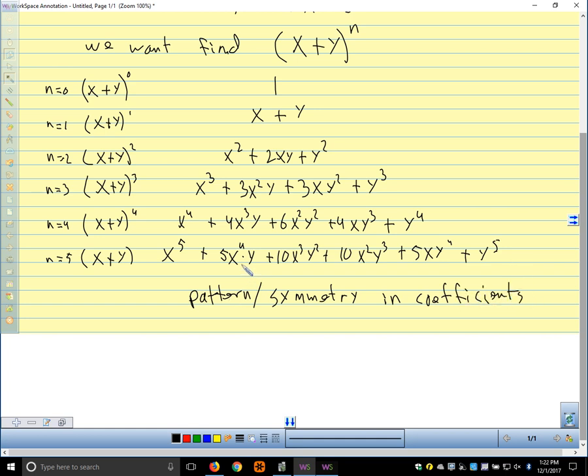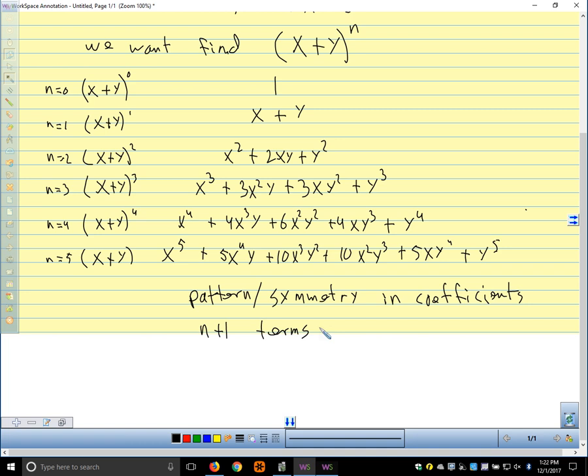What else? Well, for n equals 0, how many terms do we have? N equals 1, we have 2, 3, 4. So we always have n plus 1 terms.